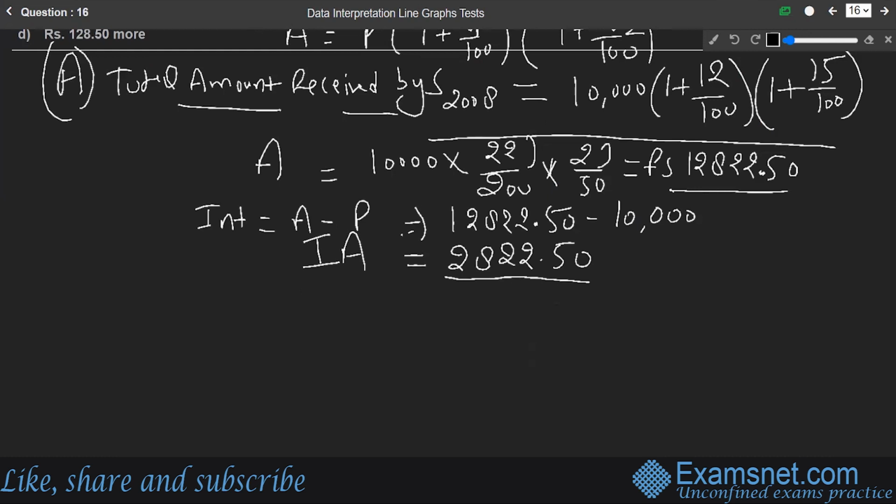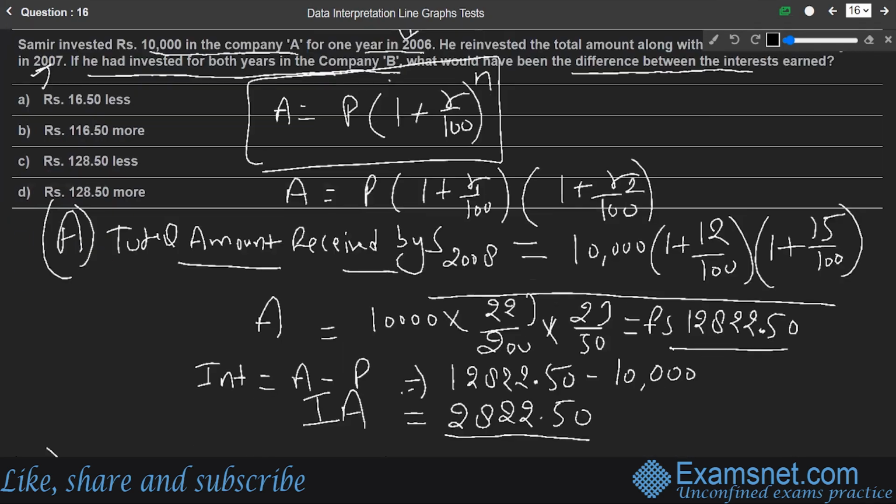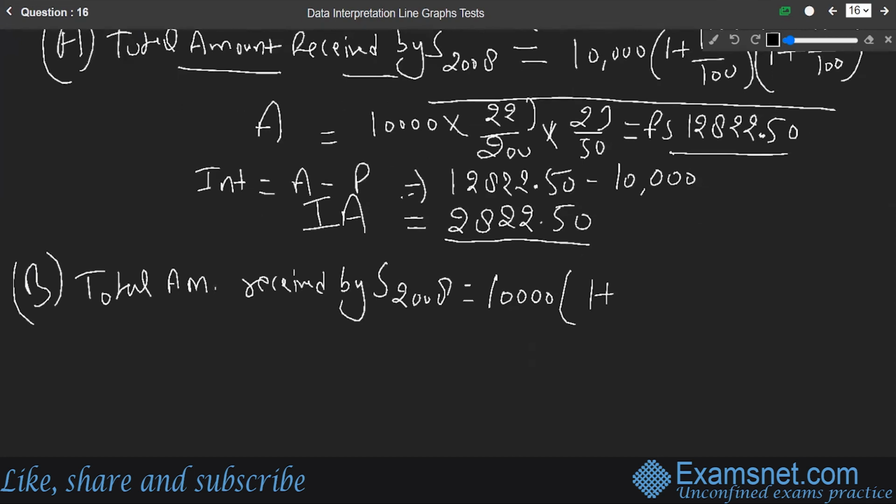So clearly, if investment is done in company B, the total amount received by Samir in 2008 would have been, for the investment of obviously 10,000, 1 plus R1, the rate of interest of the first year, which is 2006. The rate of interest at that point was 13.5%, 13.5 over 100, and the total amount is reinvested.